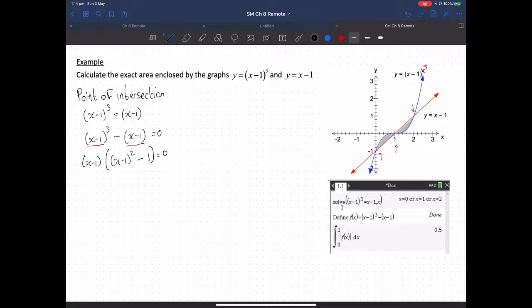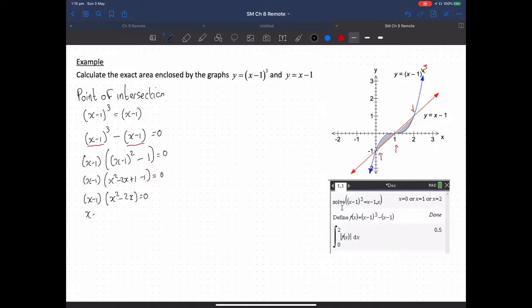Our next step is to expand the second bracket. So we've got (x minus 1) times (x squared minus 2x plus 1 minus 1) equals 0, giving us (x minus 1) times (x squared minus 2x) equals 0.